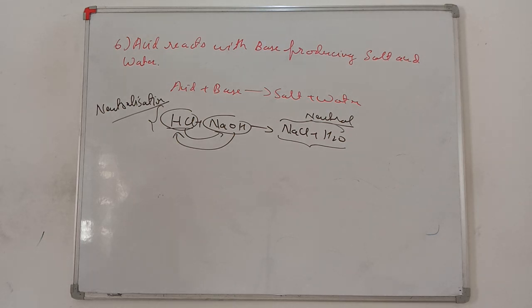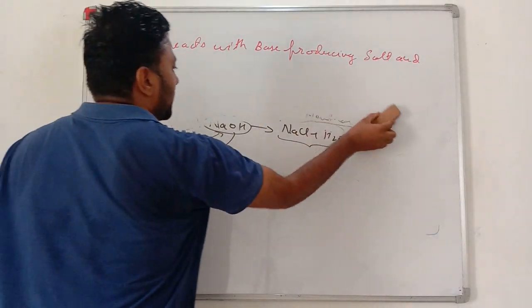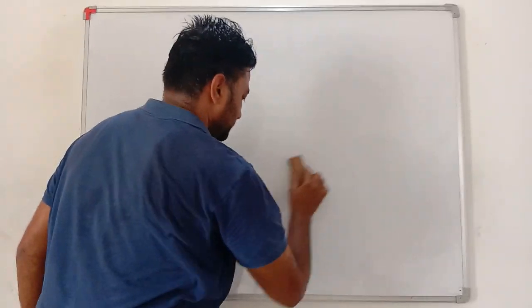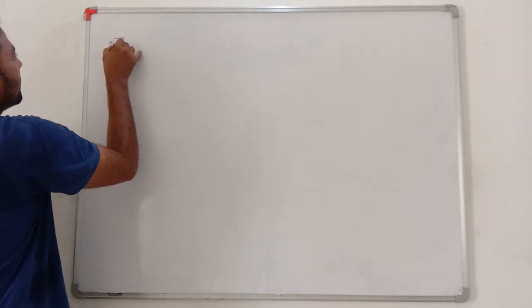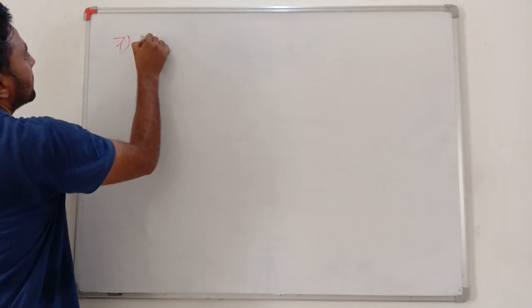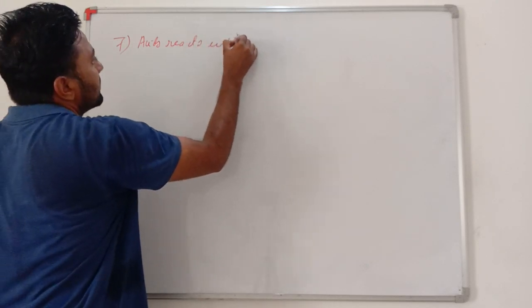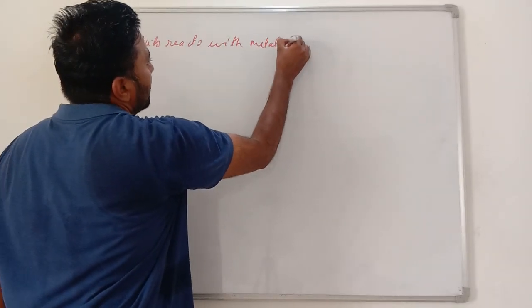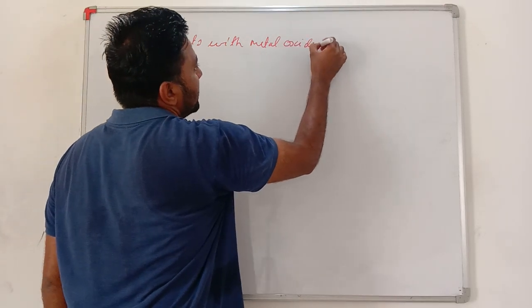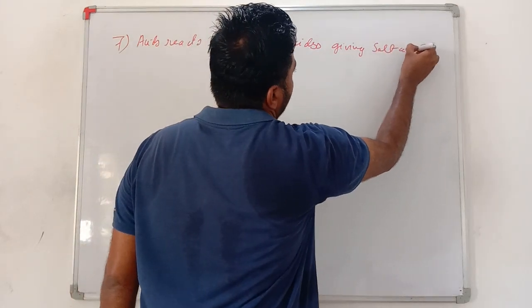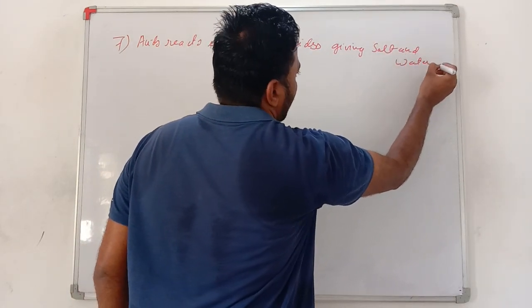Now we will see how acid reacts with metal oxides. Acid reacts with metal oxides giving salt and water.